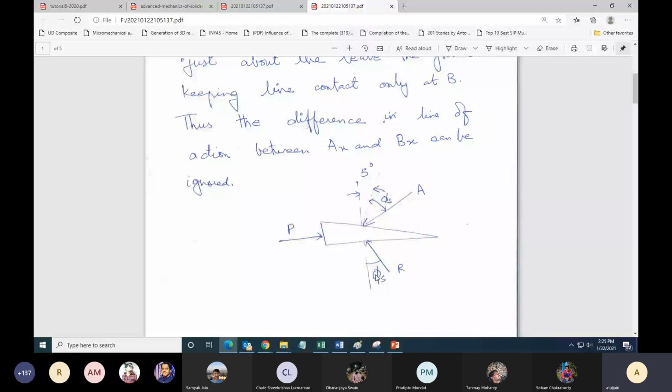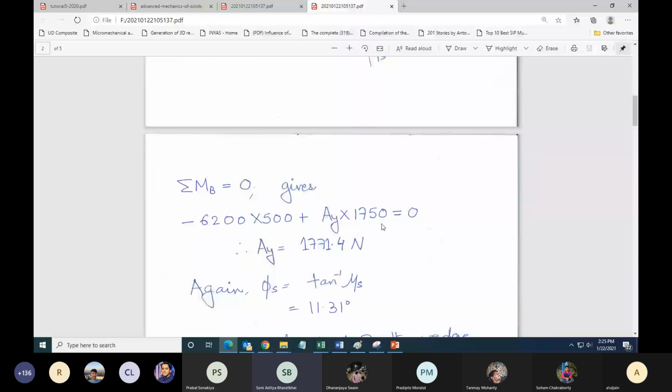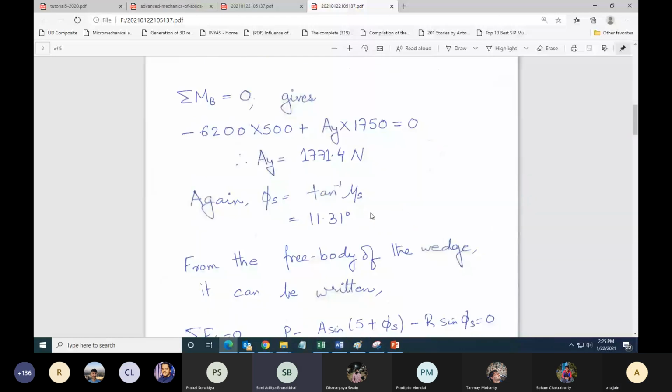Sir, how did we find phi s? Phi s is tan inverse mu s, sorry. Sir, in this question, we assumed that impending motion is occurring at all contacting surfaces except that about which we took torque.